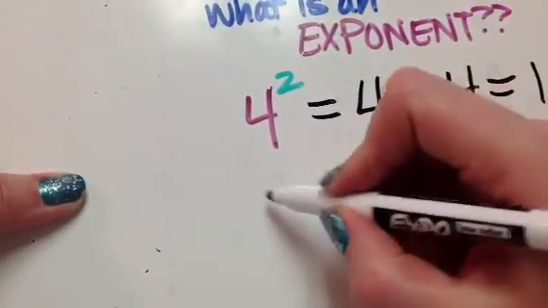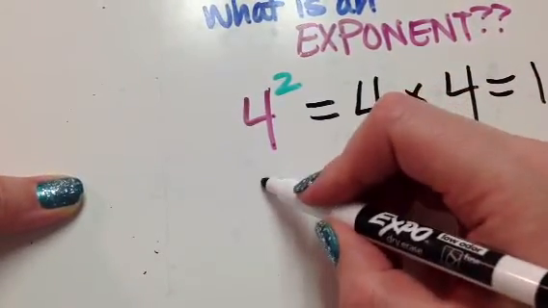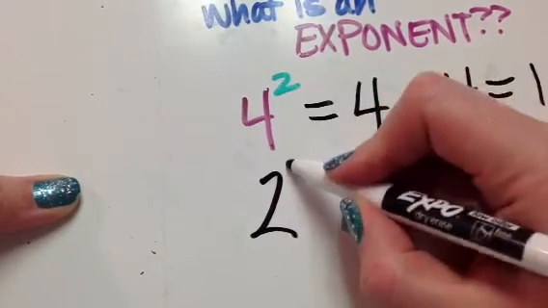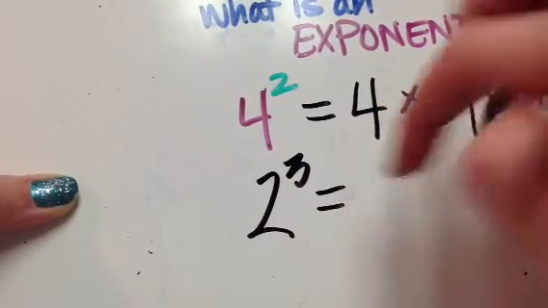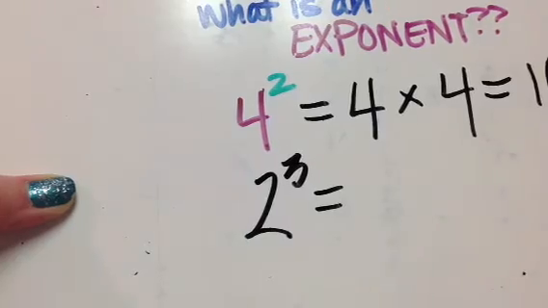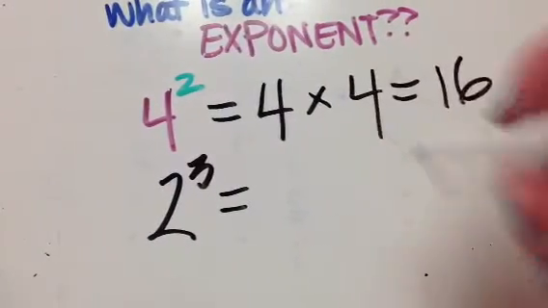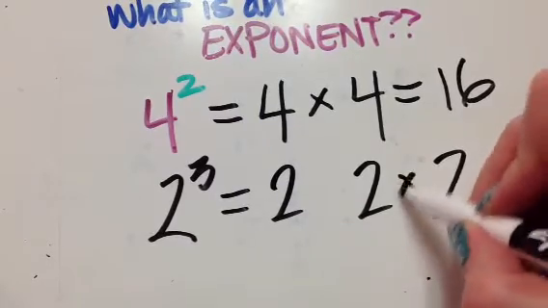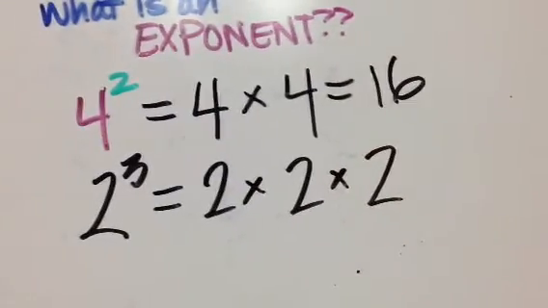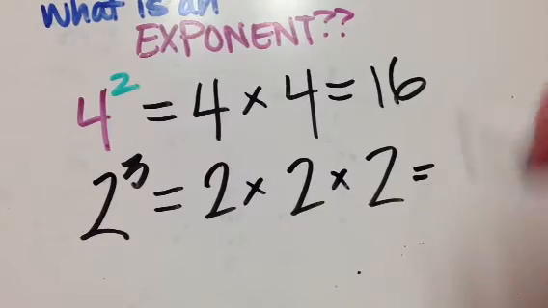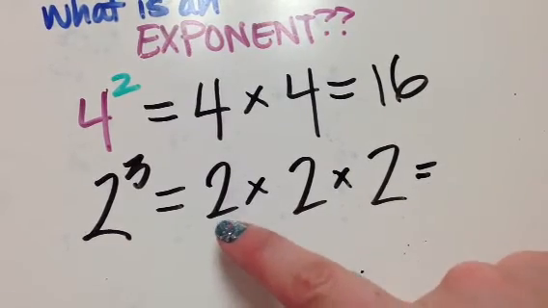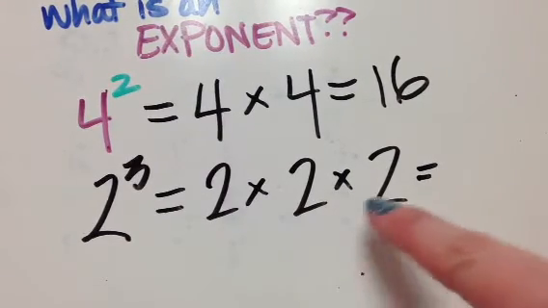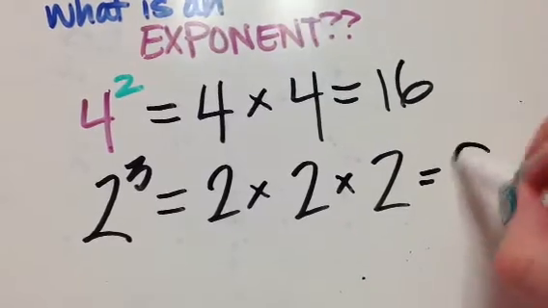Let's look at another example. If I had 2 to the third, or we could say 2 cubed, all that means is that I write the number 2 three times, and then I multiply them. That's it. And again, we can totally solve this because we know how to multiply. 2 times 2 is 4, times 2, 8.